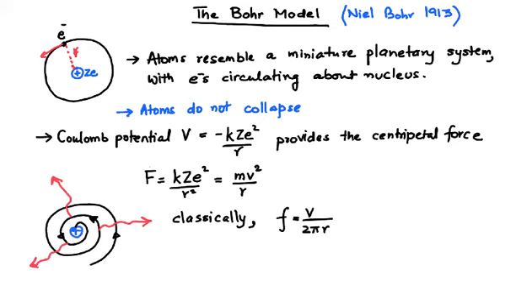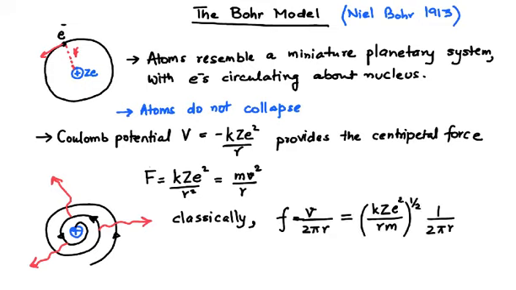The laws of electrodynamics predict that such an accelerating charge will radiate light of frequency f equal to that of the periodic motion, which in this case is the frequency of revolution. Thus classically, let me calculate the frequency. Here small r is the radius of revolution of the orbit of an electron.